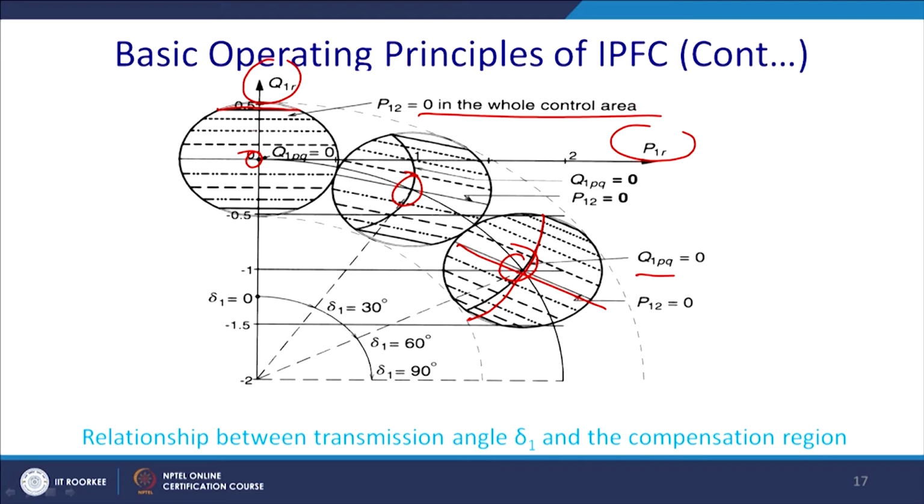So, it is here, and gradually we can see that this bolt line gets shifted. For this reason, this is the relationship of UPFC IPFC with a change in delta. You can see that with increasing delta, it has a whole range of operations of the PQ.